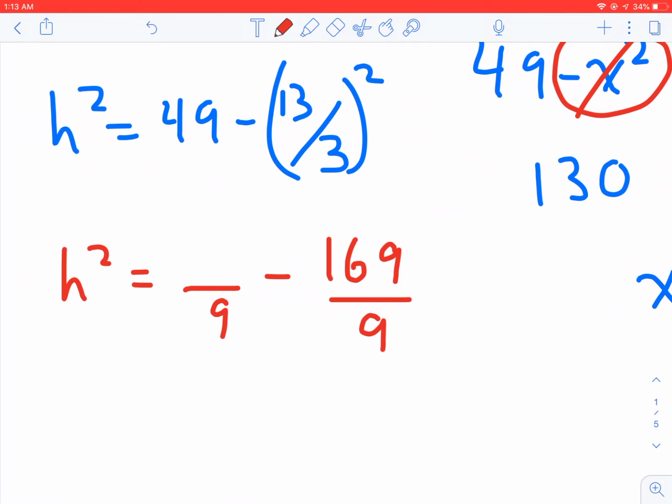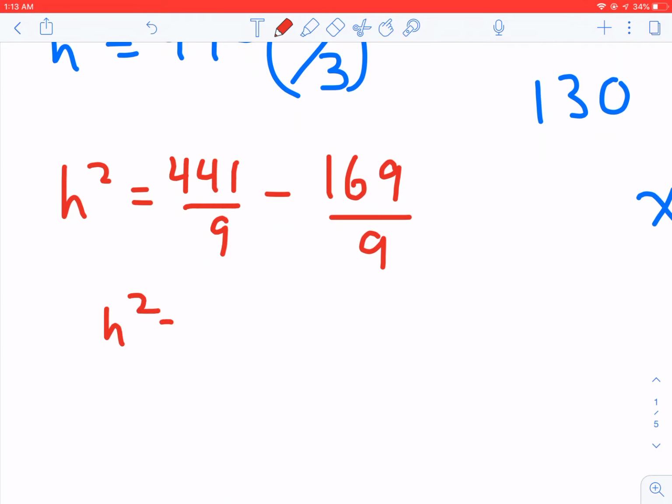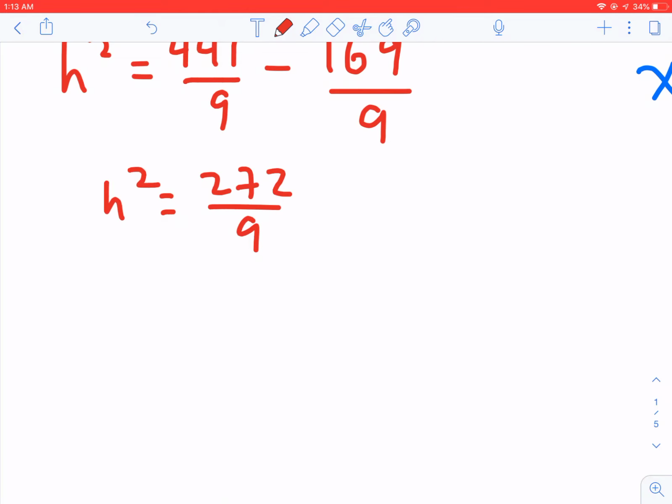So 49 times 9. Hold on, what is this again? 49 times 9. That is 441. H squared equals 441 minus 169. That's 272 over 9. Alright, we square root both sides.